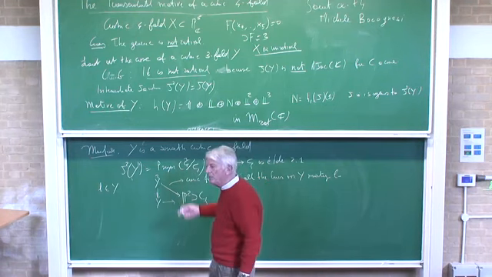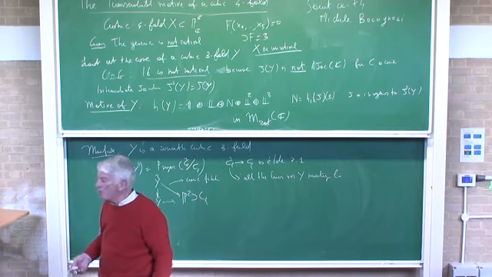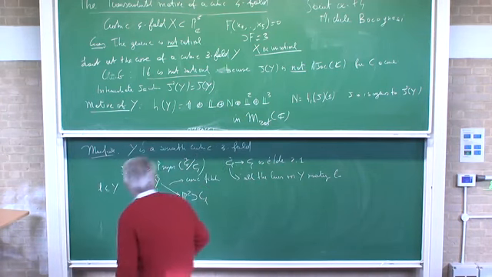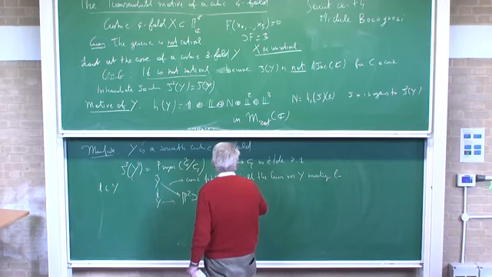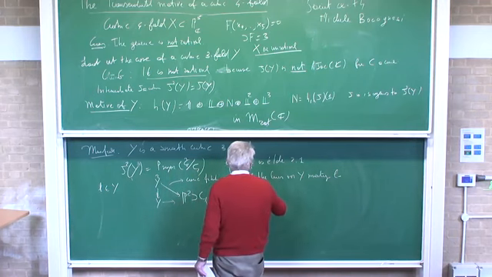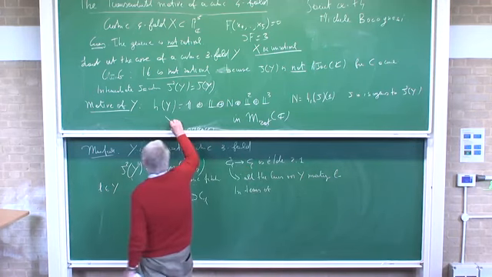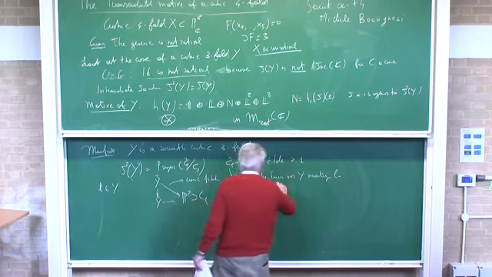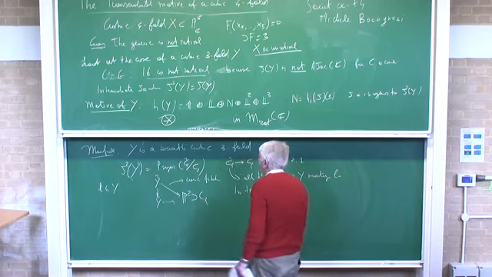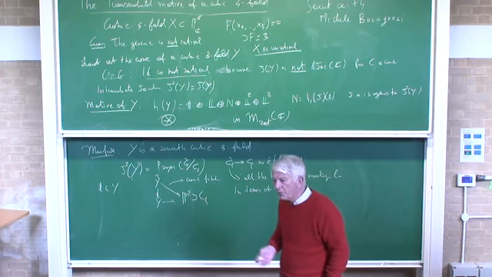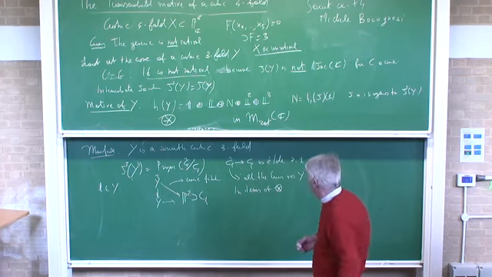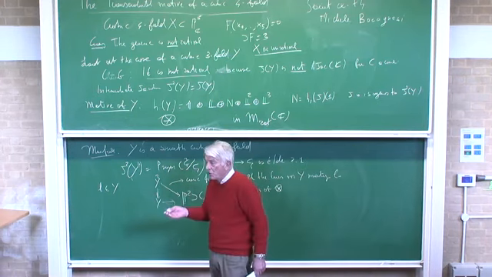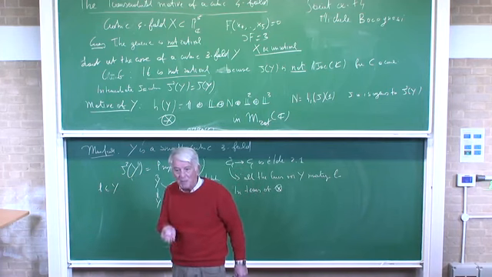Okay, now you interpret that in terms of motives. What does it mean? It means that you have a Prym motive, which is constructed in the same way.